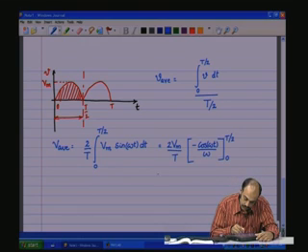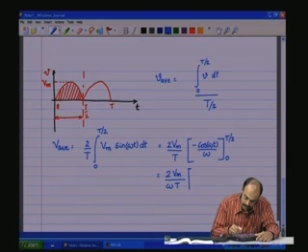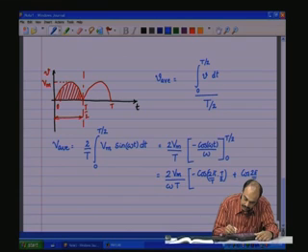So, which will give you 2 Vm by omega T and minus, now this will be minus cos 2 pi by T into T by 2, minus of minus plus cos 2 pi by T into 0.